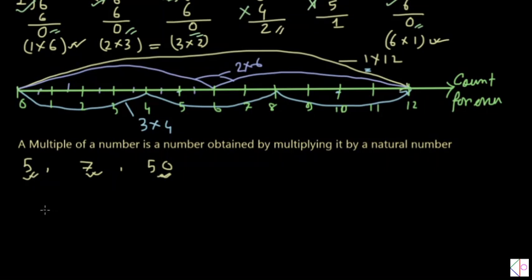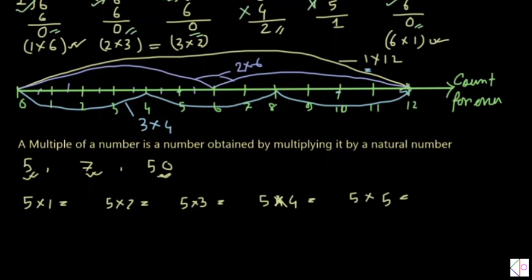From the table of 5, what do we have? 5 times 1 equal to, we have to find out the multiples. Again 5 times 2, 5 times 3. Let us write up to 4 or 5 numbers. 5 times 4, and I skip, 5 times 5.